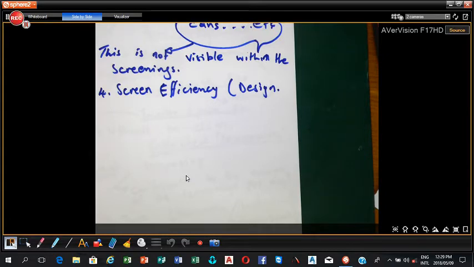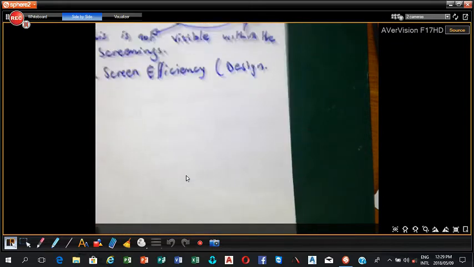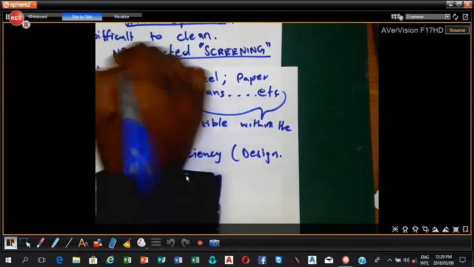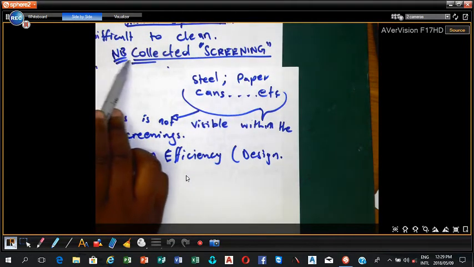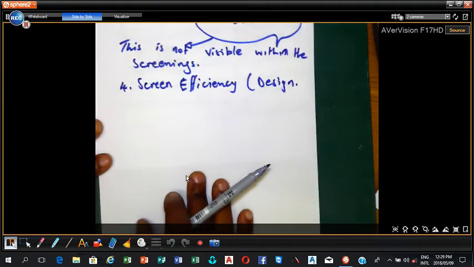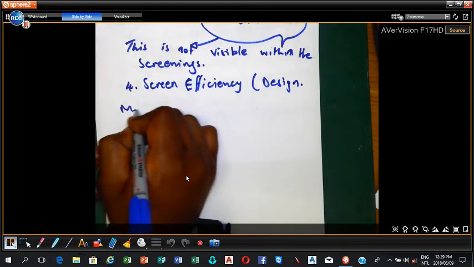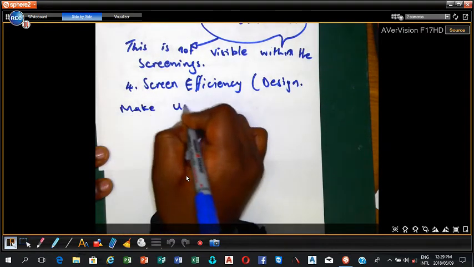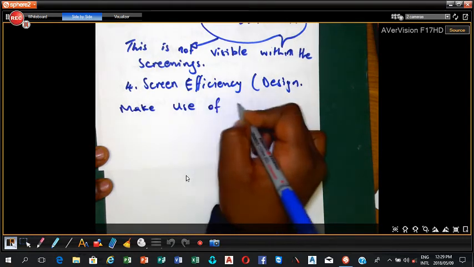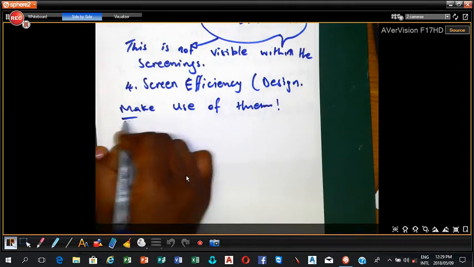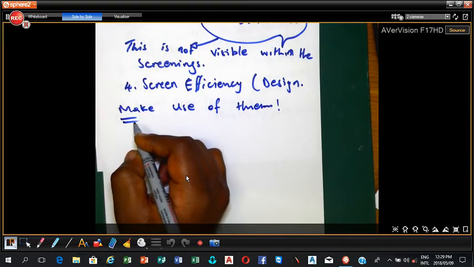Right. Going forward, we've collected the screens. Remember, we said that the screens have been collected. Now, after the screens are collected, what else needs to take place? You need to make use of them. Now, how do you make use of them? We already said you dispose of them.